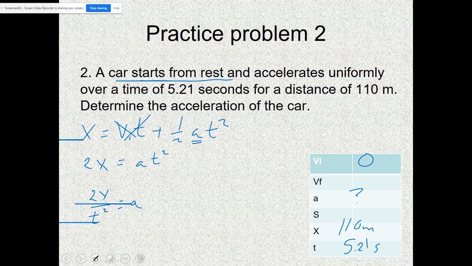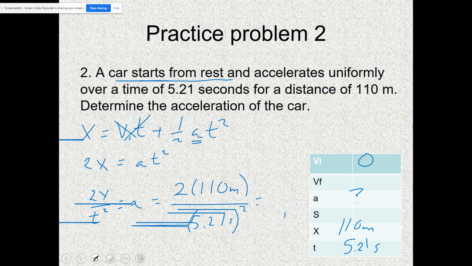Okay? Well, now I just need to plug stuff in. So 2 times 110 m divided by 5.21 seconds. Look at all those lines. So look at the units.